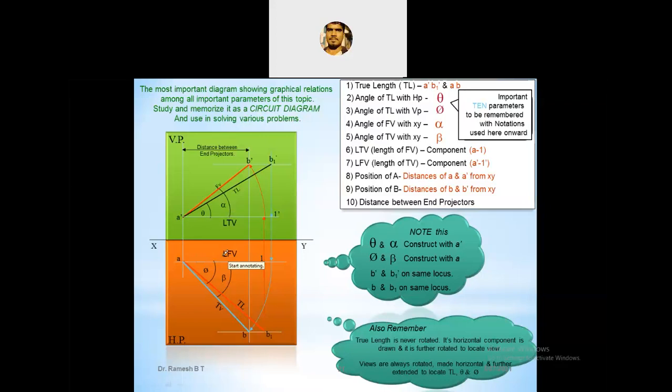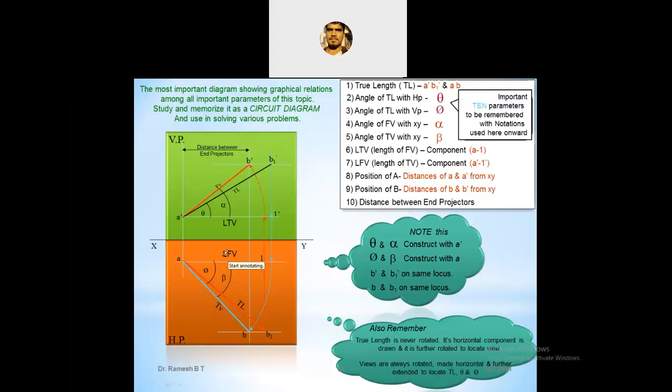Clear? In the examination they may give the true length and true inclination, and you have to find the apparent length and apparent inclinations. Or they may give the true length with one inclination, and you have to find the apparent length with the other inclinations. You may get different variations in the problem.